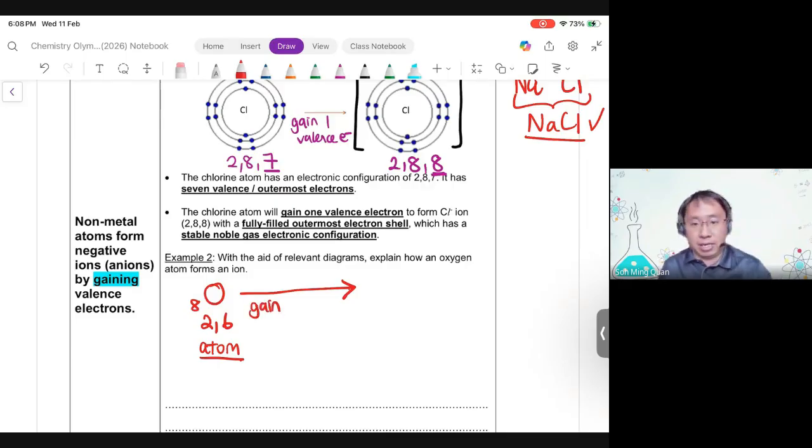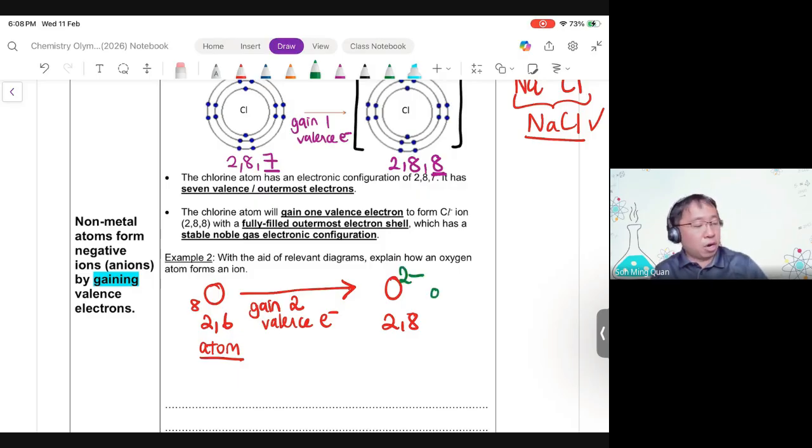An oxygen atom, in order to achieve a fully filled outermost electron shell, has to gain. Gain how many electrons? Remember, magic number 8. So it needs to gain 2 valence electrons, and that makes 2,8. And because of that, now it can no longer be electrically neutral. If it gains 2 electrons, it will form a 2- charge.